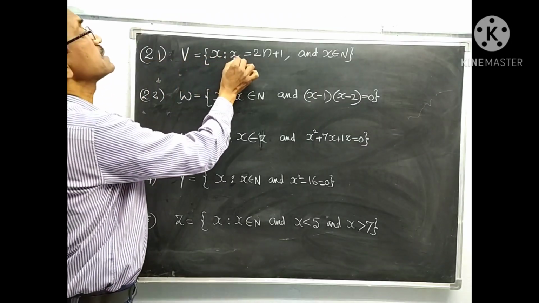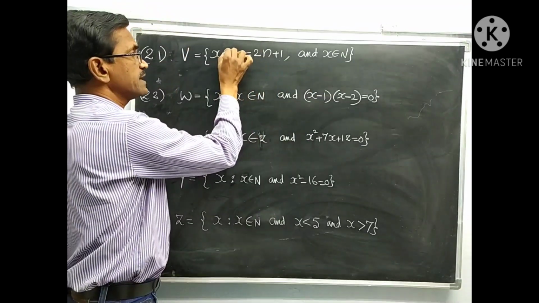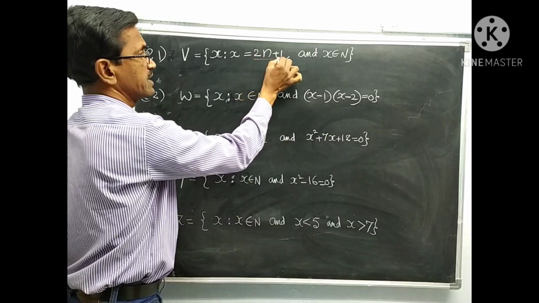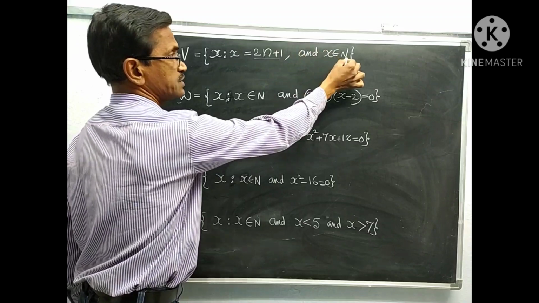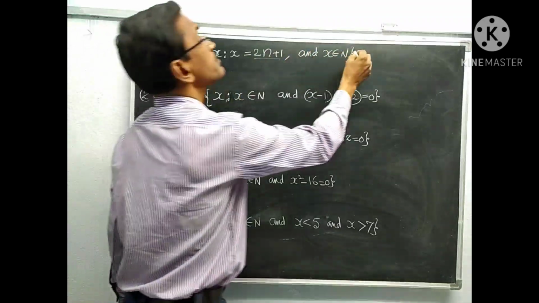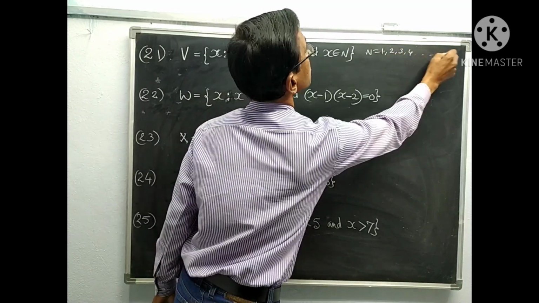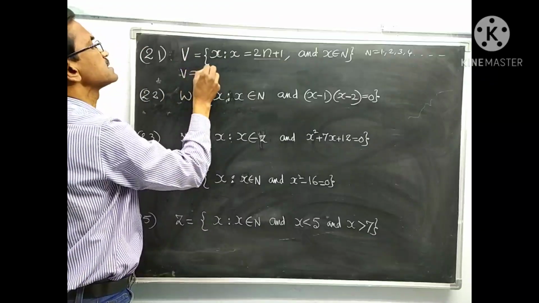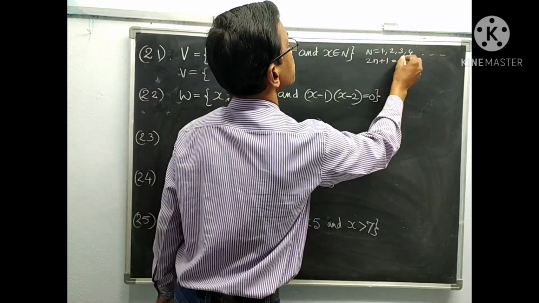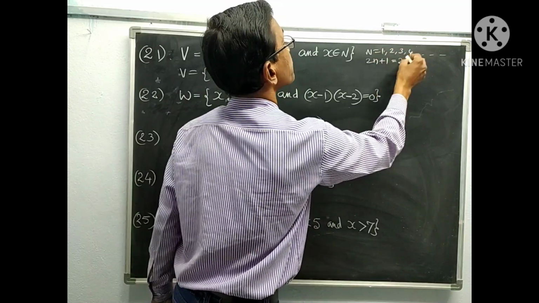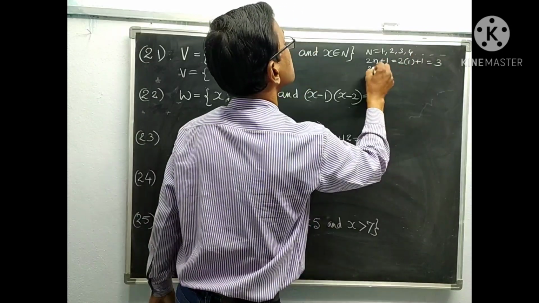V is equal to x such that x is equal to 2n plus 1 and n belongs to N. Here every element of this set has this property, 2n plus 1, and this n takes values from natural numbers. So we know natural numbers, n is equal to 1, 2, 3, 4, 5 like that. So substitute in the place of n: write 1 in the place of n, 2 into 1 plus 1, 2 ones are 2, 2 plus 1 is 3.